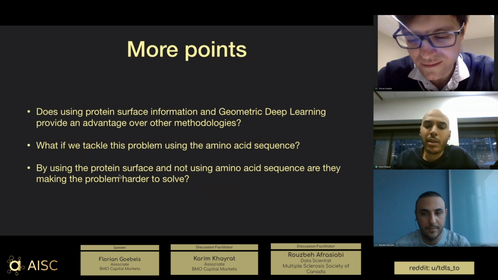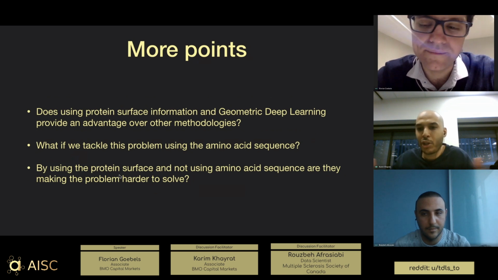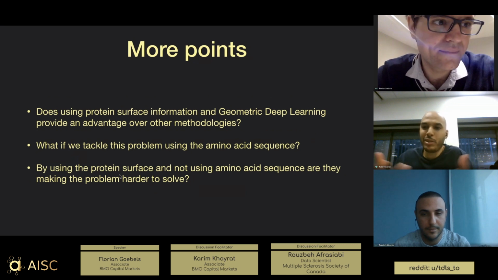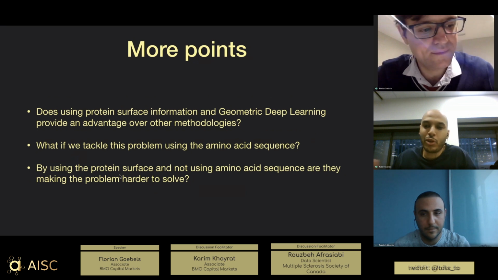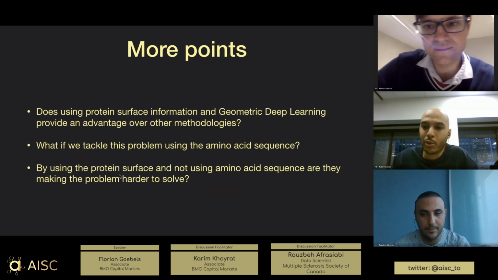From my understanding, the amino acid sequence is not as important as the protein surface itself when it comes to binding properties. Is that the case? So if you have molecules hidden in the middle of the protein that are not interacting, do they contribute much to the binding or the protein properties?